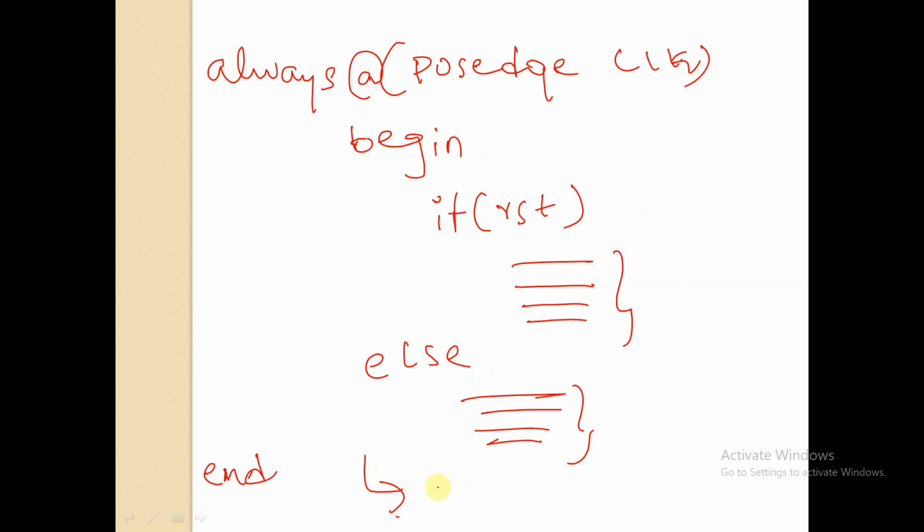So this type of design is synchronous reset or asynchronous reset design? What type of design is this? Synchronous. Any other answers? Asynchronous. So why is it synchronous? Any explanation?